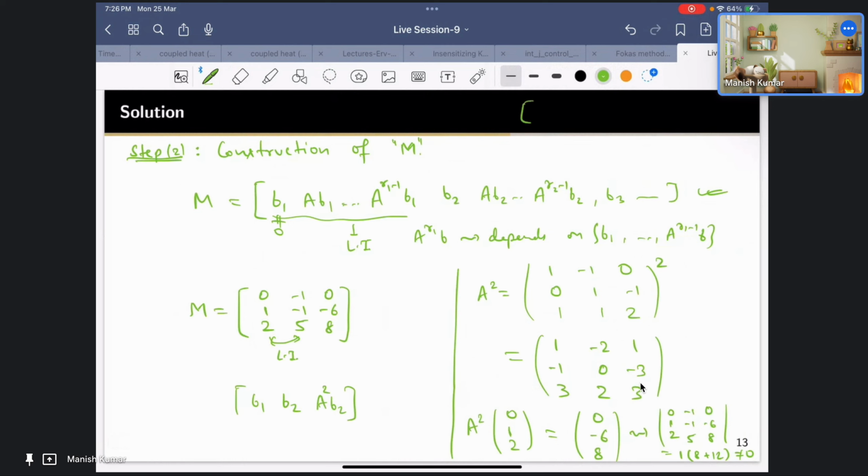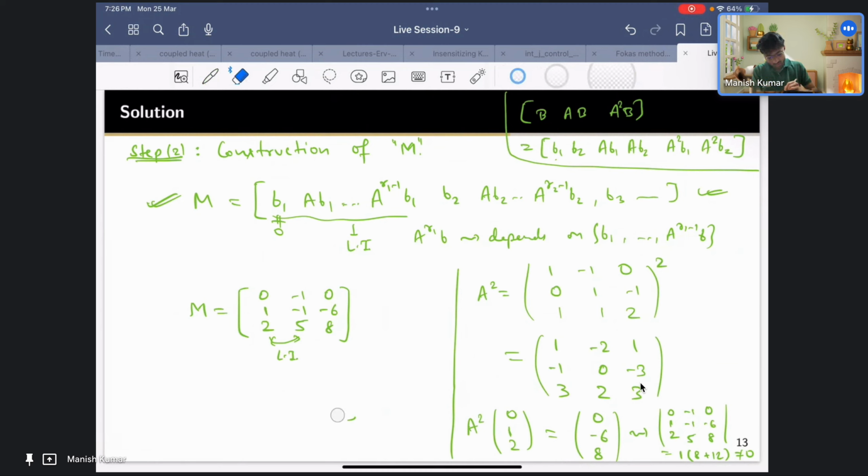So you see this matrix B, AB, A squared B is nothing but B1, B2, AB1, AB2, A squared B1, A squared B2, where the Bi's are the columns of matrix B. Obviously this rank is 3, that means I can get 3, but I have chosen in this fashion to get the desired matrix M. Once I get this M, I'll compute the inverse, because it will be used.